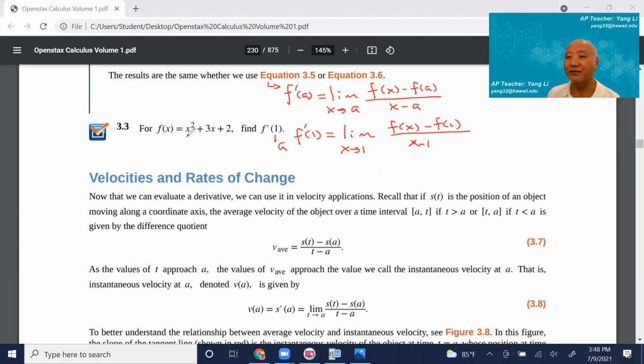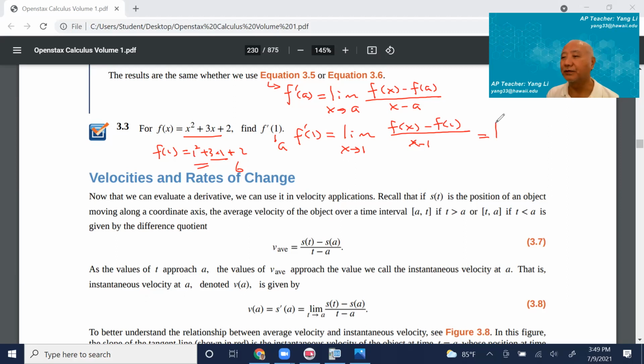Now we have to use this function. f(x) is this one, and for f(1), simply plugging in 1: 1 squared plus 3 times 1 plus 2. So this is 1, this is 3, this is 4, and the plus 2 is 6. So we know that. Now we can plug it in, okay?